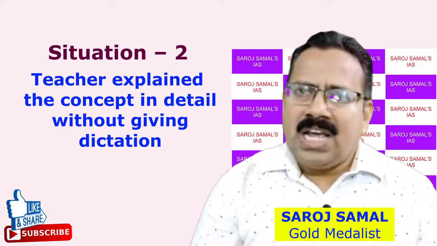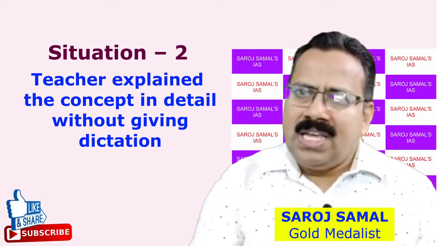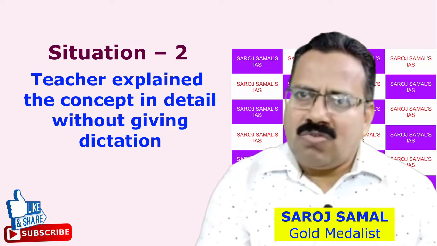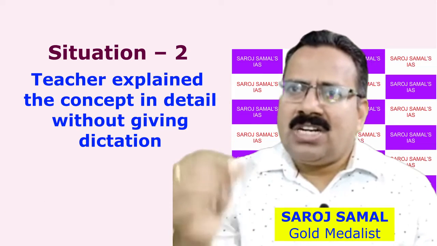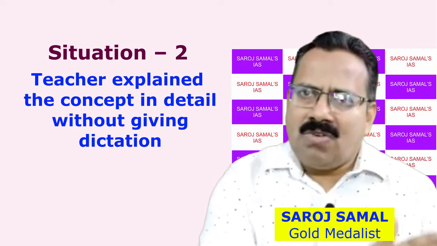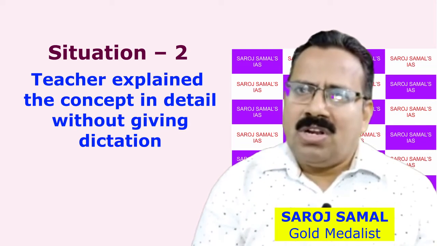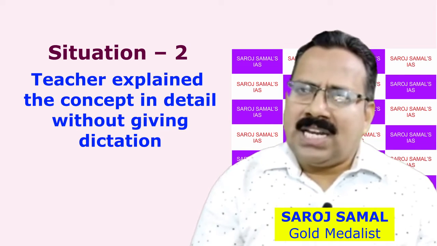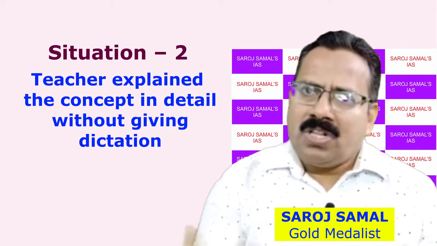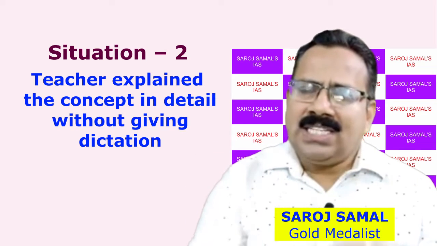Sometimes things happen that the teacher simply explains the thing to the student, but does not give dictation to the student. So giving dictation is one role, explaining to the student is another role. Both the roles are associated with a single status, that is teacher.